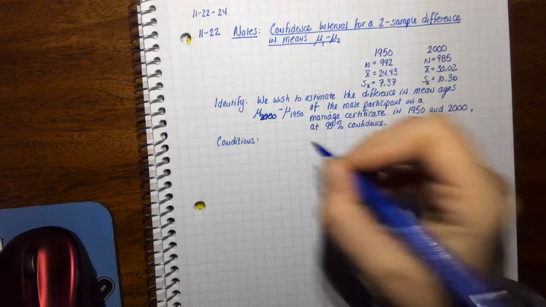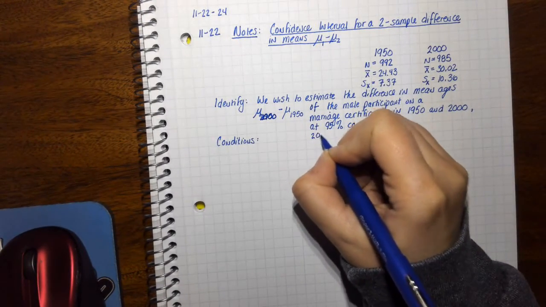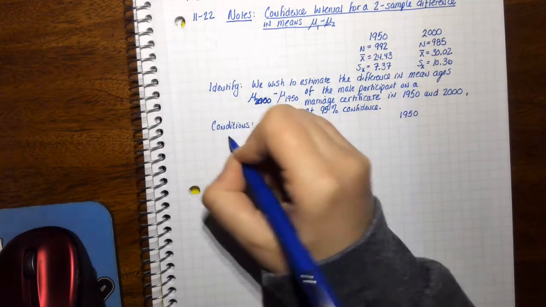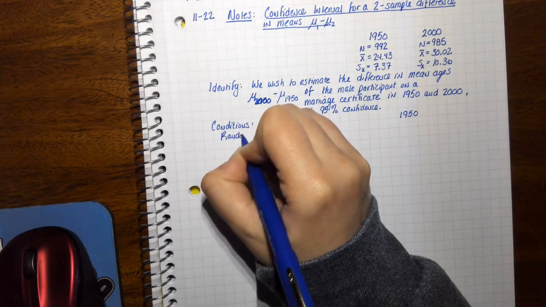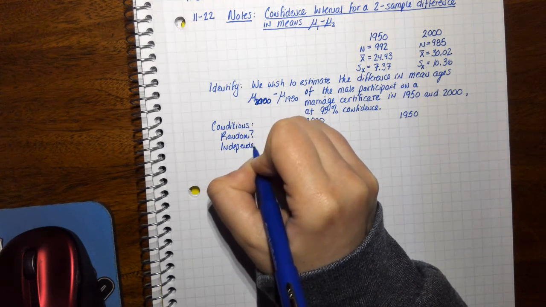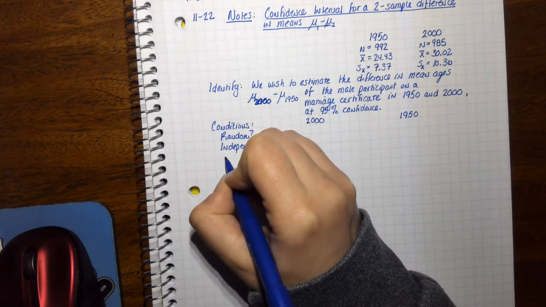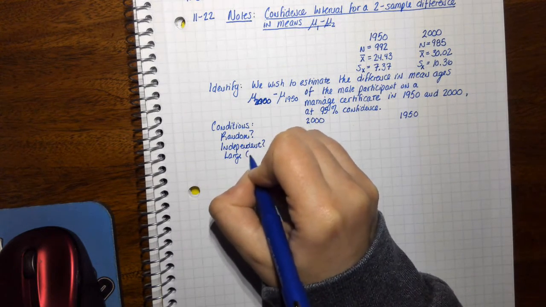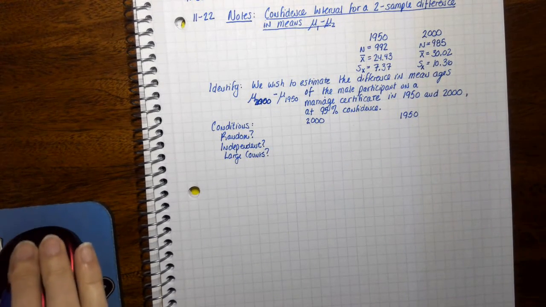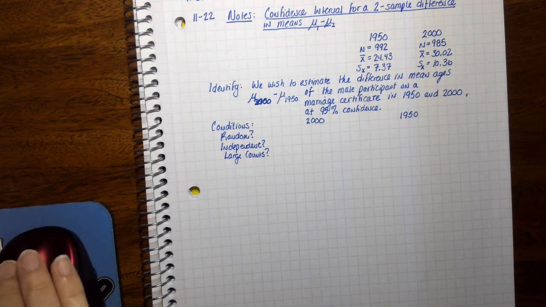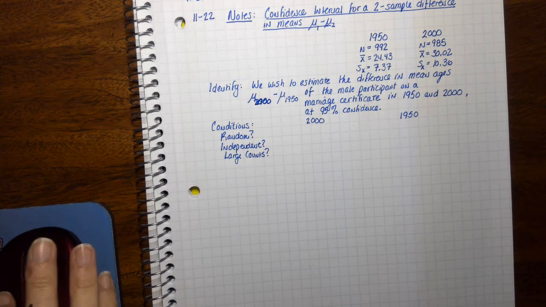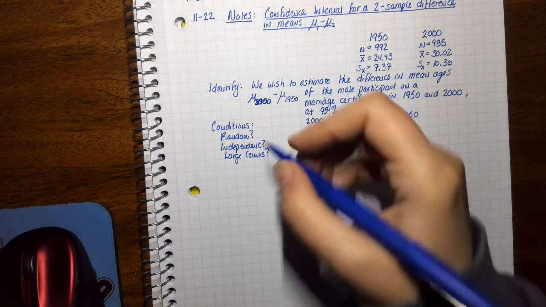Okay, conditions. Okay, so we have 2000, 1950. Scrolling back up to the problem, it says independent random samples.